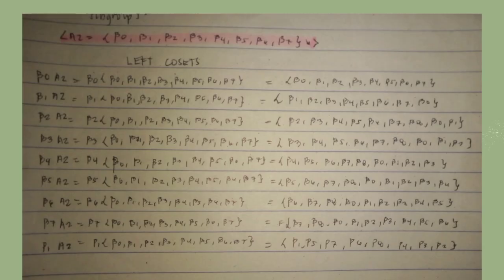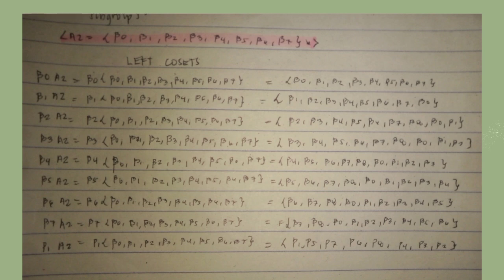Next is to identify the right and left cosets of these subgroups. So let's start with the A sub 2. A sub 2 contains B sub 0, B sub 1, B sub 2, B sub 3, B sub 4, B sub 5, B sub 6, and B sub 7. So we just multiply the elements of A sub 2 to A sub 2 itself.